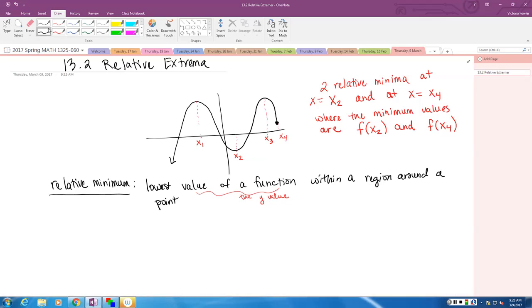Okay, so likewise, we can put relative maximum. And of course, it's going to be the greatest value of a function within a region around a point.